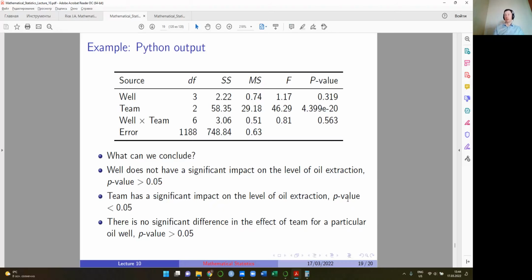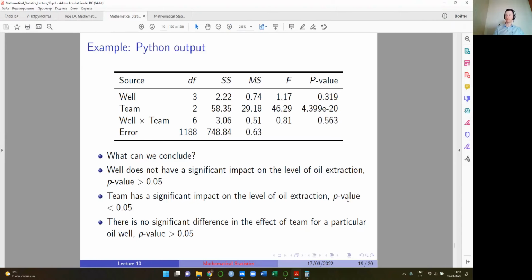So now we see that we get much richer information about the factors that can affect the outcome variable. And as I said, you can apply this method for any situation when you have two different qualitative factors that can influence one quantitative variable.